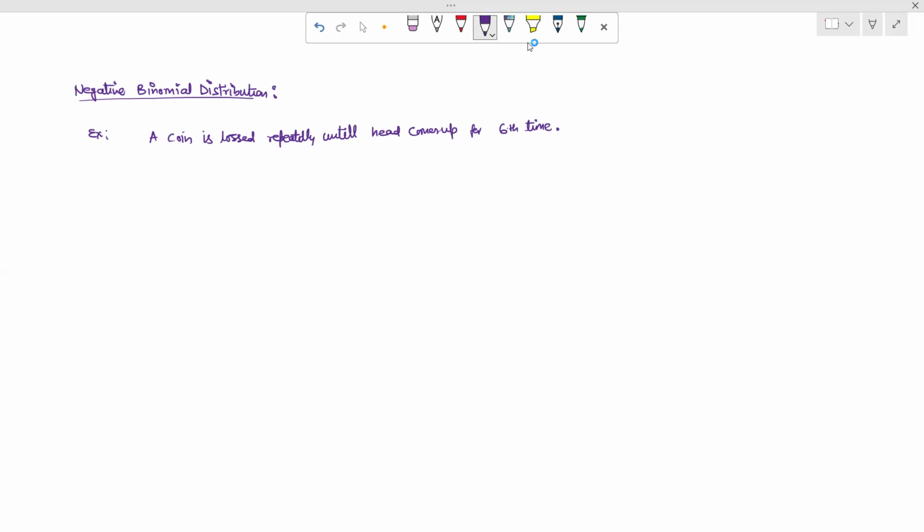What is the probability that this happens on the 15th toss?